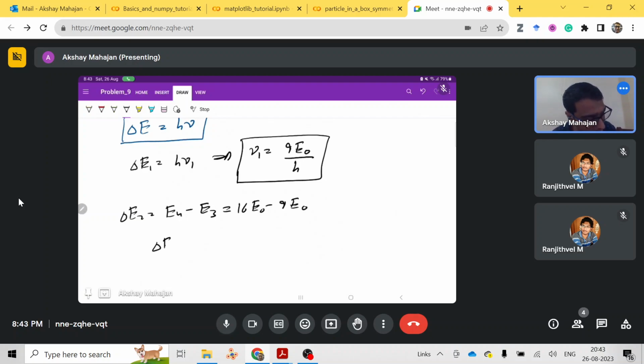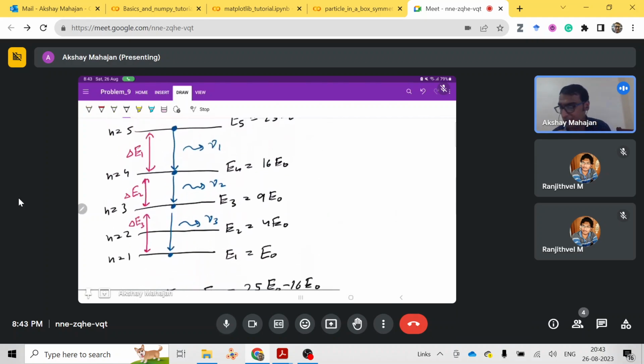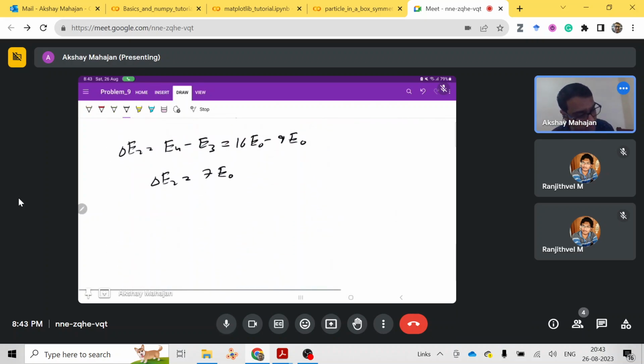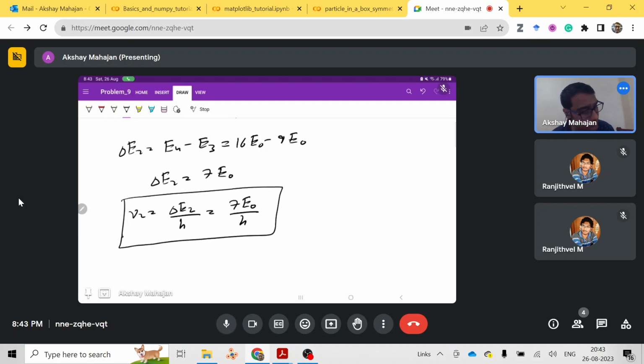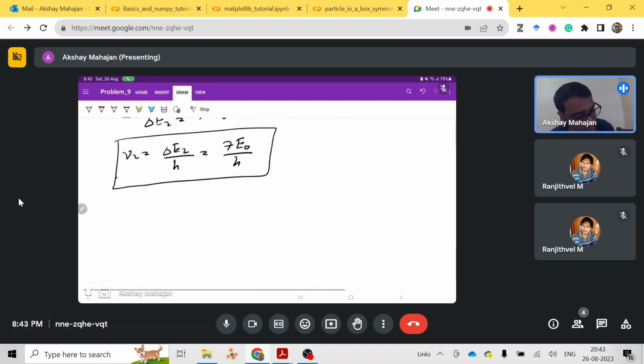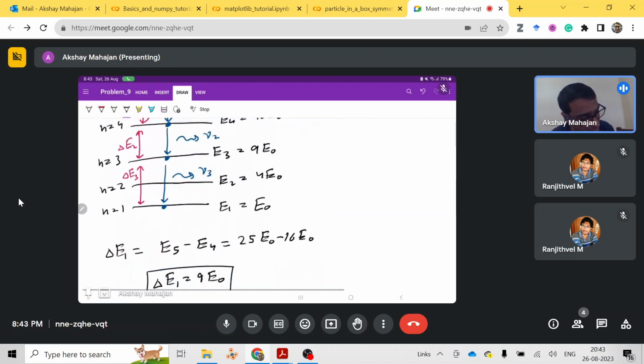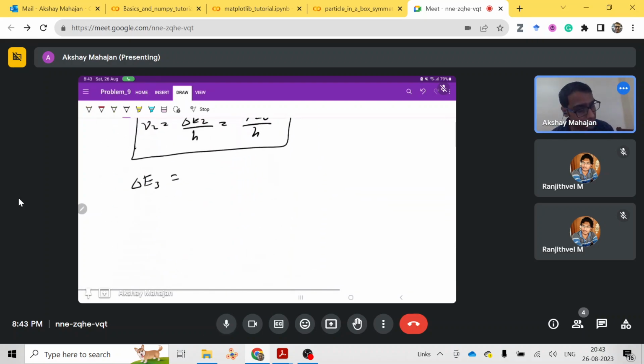So delta E2 is going to be 7 E0, and nu2 is delta E2 by h, the Planck constant, which equals 7 E0 by h. So we have found nu2 as well. Then we will have delta E3, which will be equal to E3 minus E1.